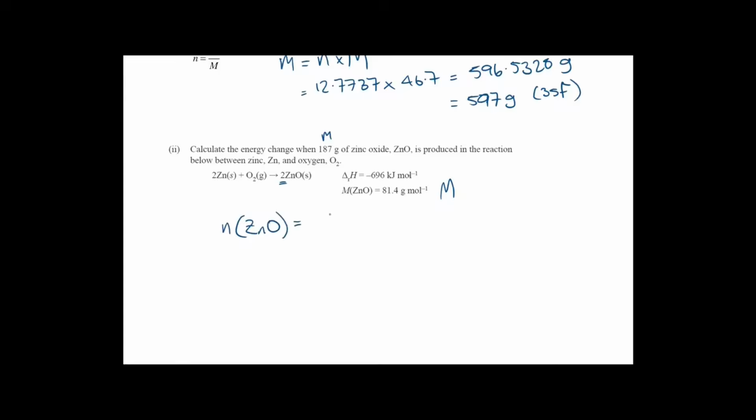So how are we going to work that out? That's going to be the physical mass over big M. So that's 187 divided by 81.4 grams per mole. The grams bit will cancel, and we're going to be left with the number of moles.